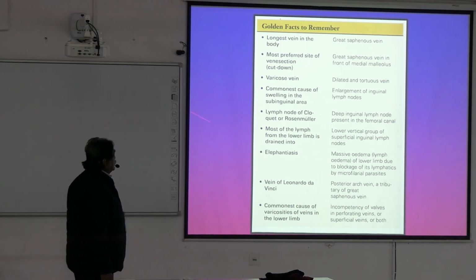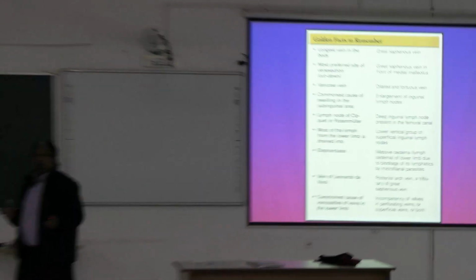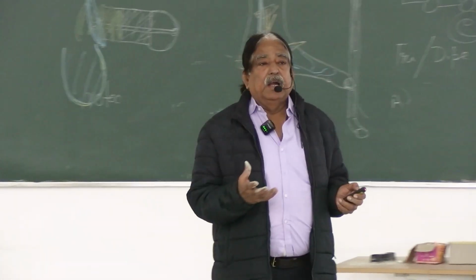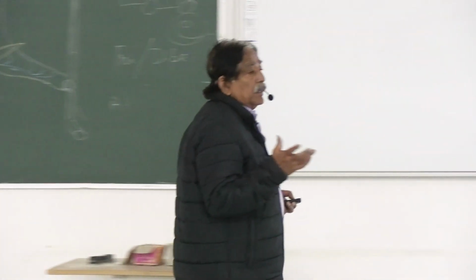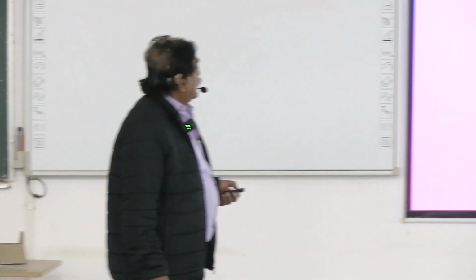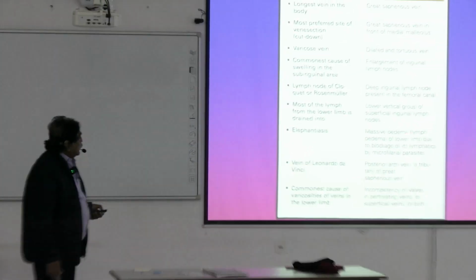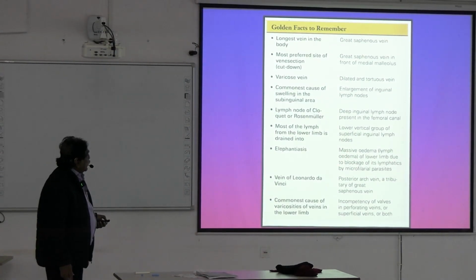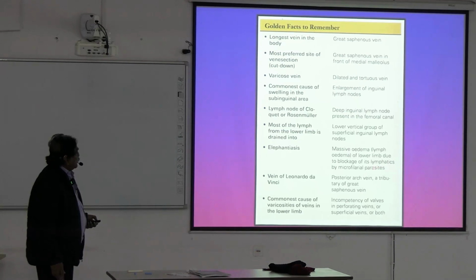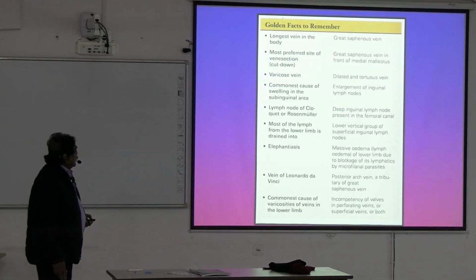Elephantiasis: this is what we showed you on the previous slide, elephantiasis or filariasis of the scrotum and also the penis. Massive edema of the lower limb is due to blockage of lymphatics by microfilarial parasites. Vein of Leonardo da Vinci: posterior arch vein, a tributary of the great saphenous vein. Commonest cause of varicosities of veins in the lower limb: incompetency of valves in perforating veins or superficial veins or both.